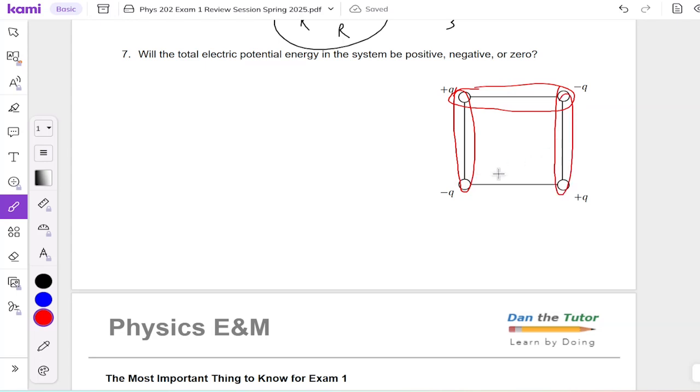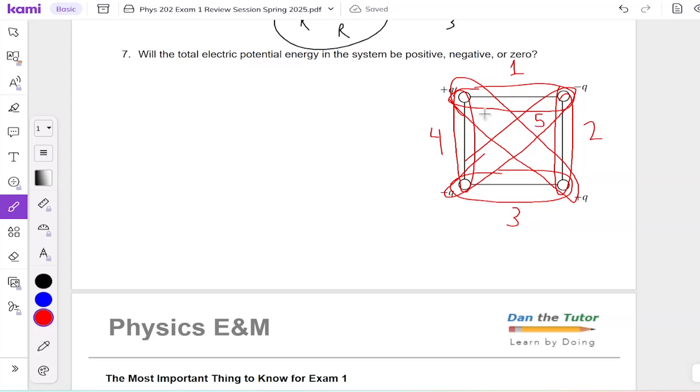In this case, there are 1, 2, 3, 4, and also the diagonals, so 5, 6. I'll label them 1, 2, 3, 4. This diagonal will be 5. That diagonal will be 6.